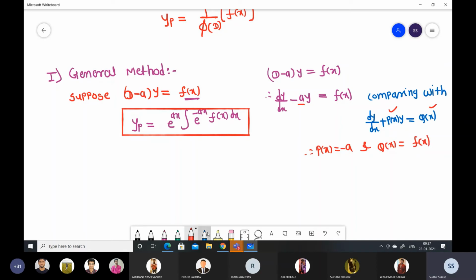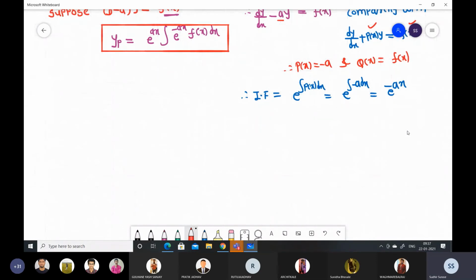This is a linear differential equation, therefore we have to find the integrating factor. The integrating factor is e to the power integration of p of x dx, that is e to the power integration of minus a dx, and that is e to the power minus ax. So here we get the integrating factor, and the general solution is given by y times the integrating factor equals the integration of q times the integrating factor plus c, or you can say c1.